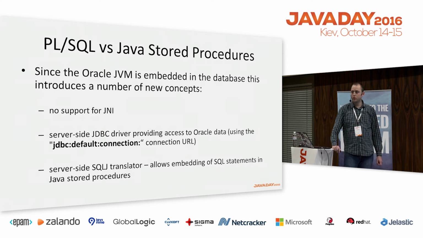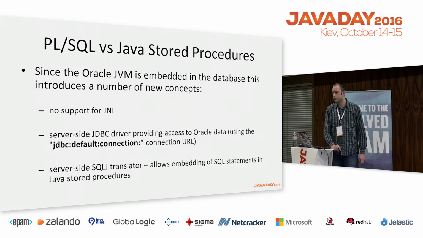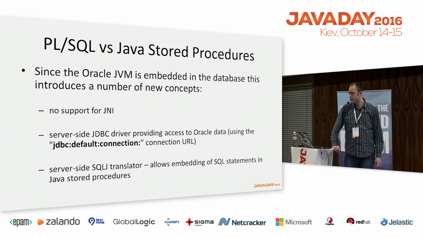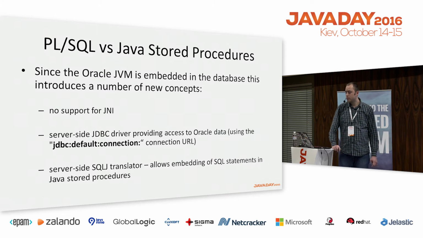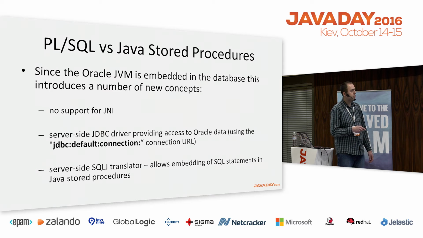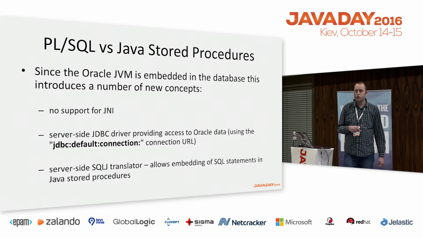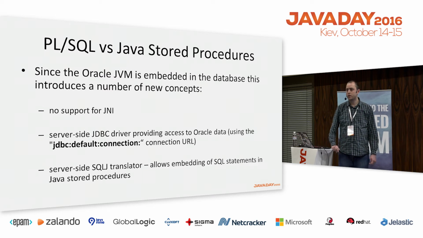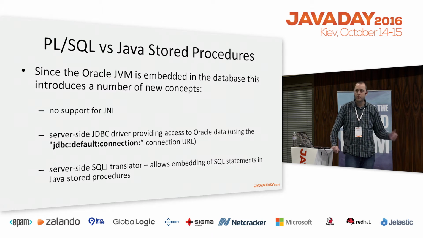At that point, you cannot execute native code from Java stored procedures running in the database. However, you can run JDBC source code as you would do regularly in your Java applications. For that reason, there is a so-called JDBC default connection driver, and you just need to specify that special system driver, which is provided by the Oracle JVM, which uses the server-side Oracle JDBC driver that's part of Oracle's JVM.